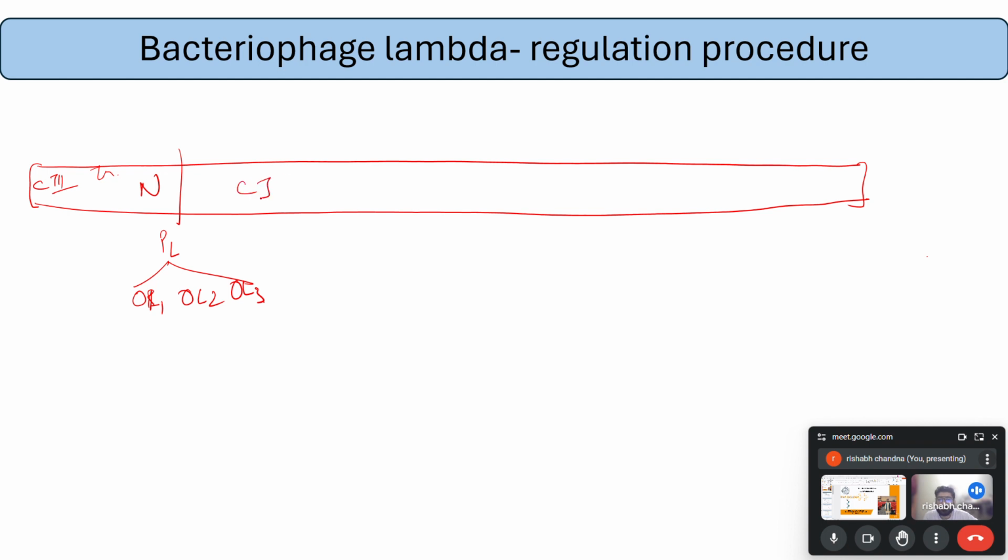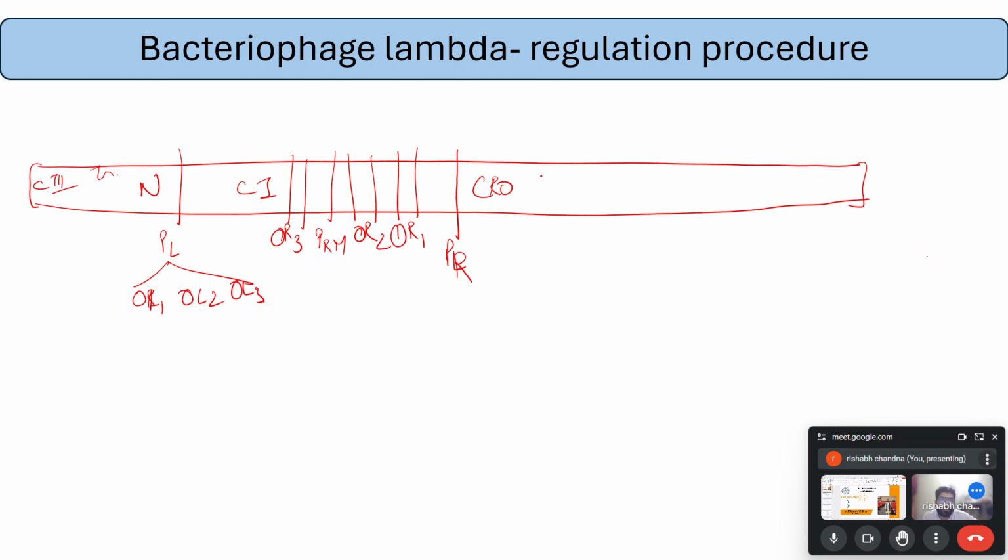Then we have C1 and its promoter PRM. So here we have OR3, OR2, and OR1, and here we have PR followed by the Cro gene.